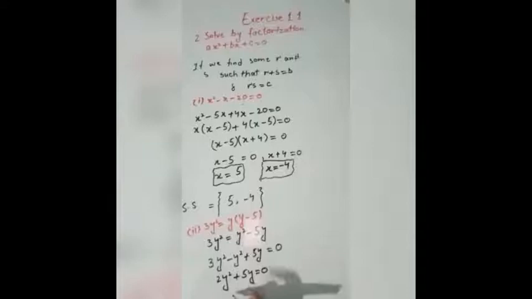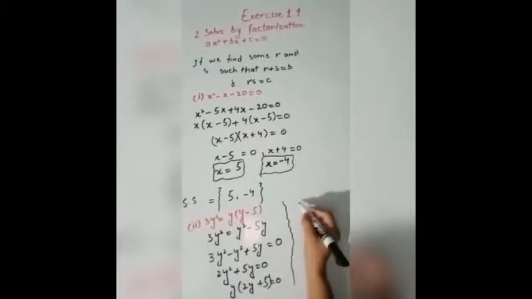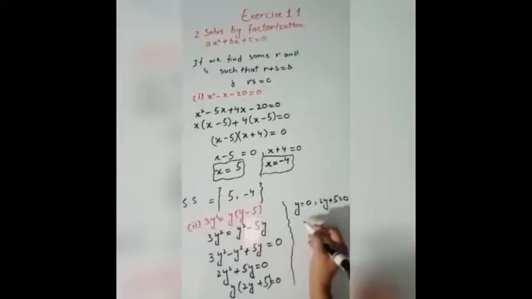Here if we take y common, then we get y times 2y plus 5 is equal to 0. Now we have to equate both to 0. Y is equal to 0 and 2y plus 5 is equal to 0.